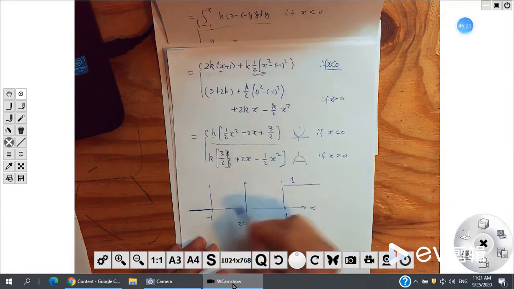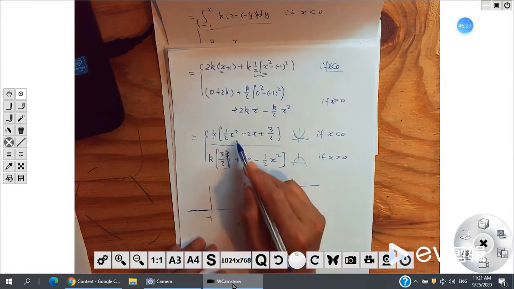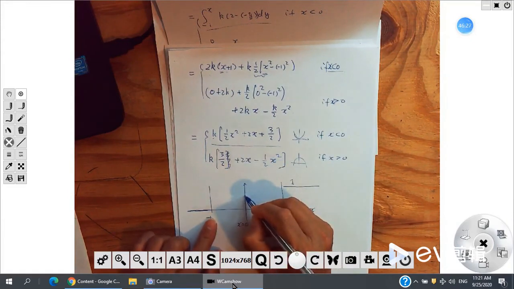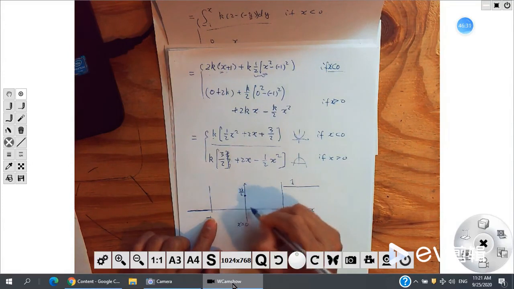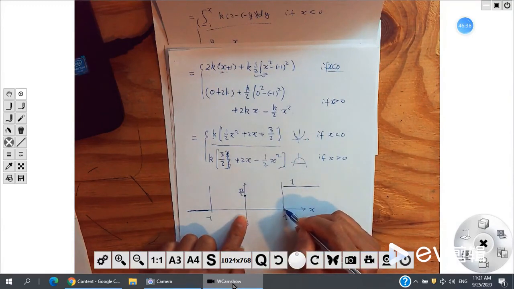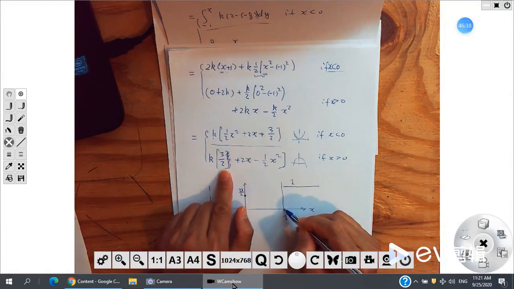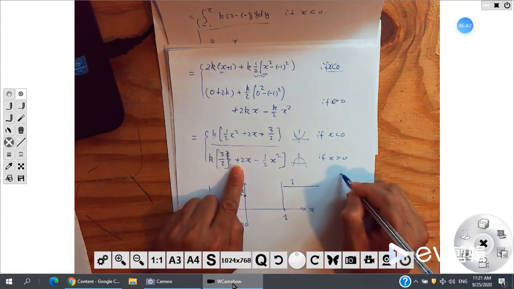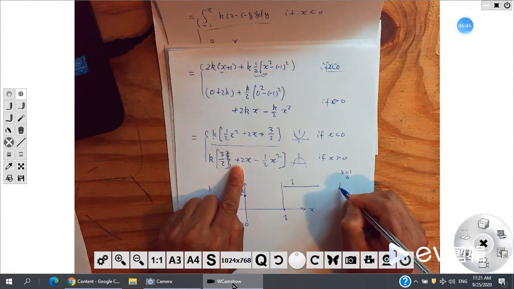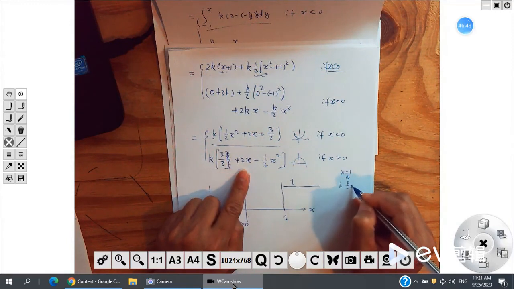But we need to put the value in. When x is 0, this is 3k over 2, right? X is 0. And when x is 1, x equal to 1, that is k times 3 over 2 plus 2 minus 1, 2.